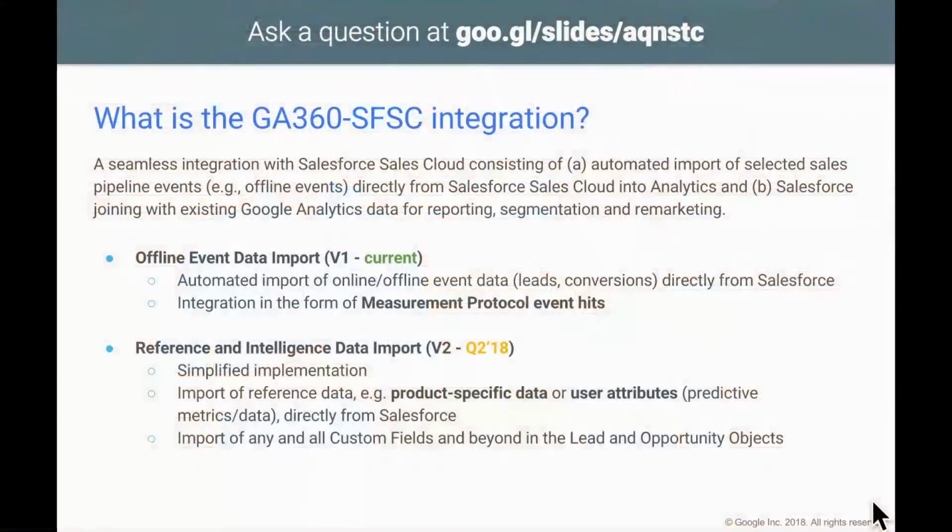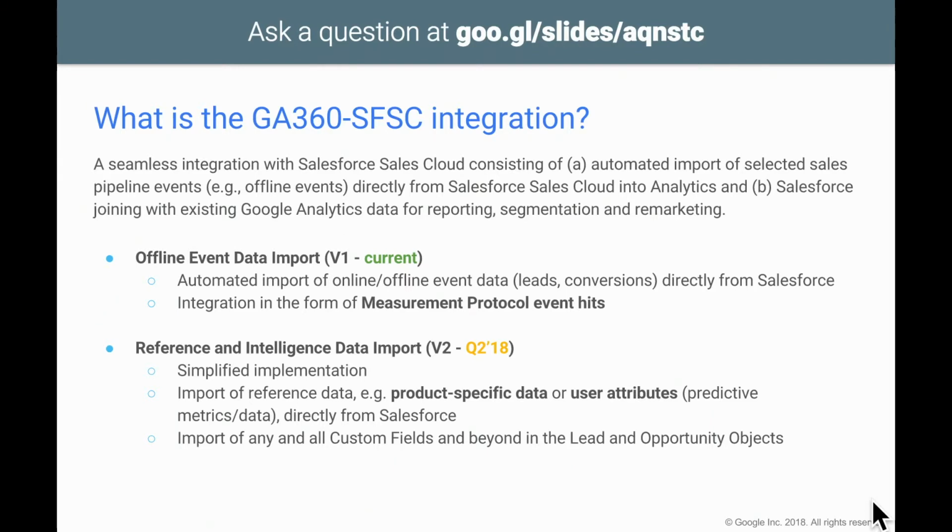So what is the GA 360 Salesforce Sales Cloud integration actually all about? There are two aspects to it. One, you're linking the Salesforce Sales Cloud account into GA, and you're importing data from Salesforce Sales Cloud, which is not only offline conversions, but sales pipeline, selected sales pipeline stages. For example, lead qualified, sales qualified, and so on and so forth. You select them and you import them into Google Analytics in the form of measurement protocol hits.